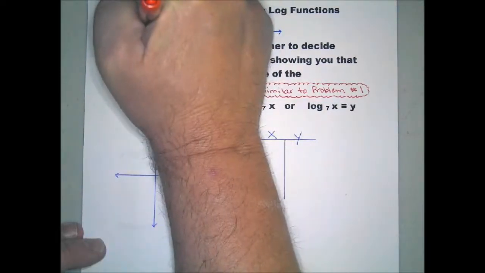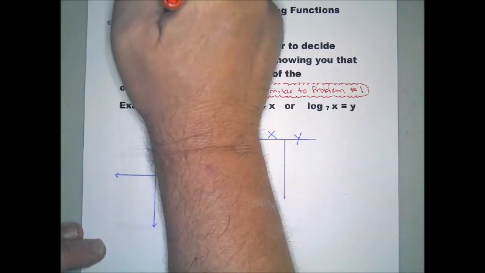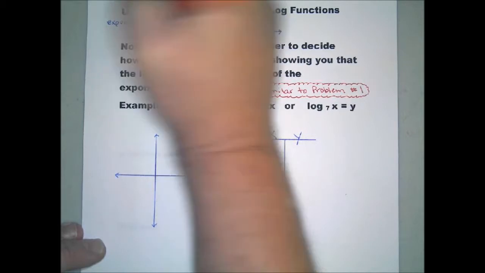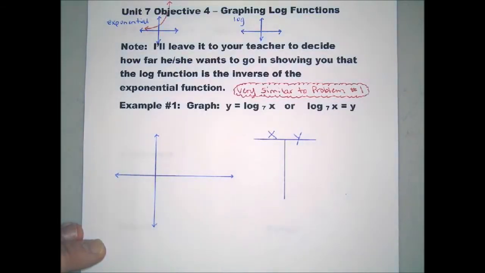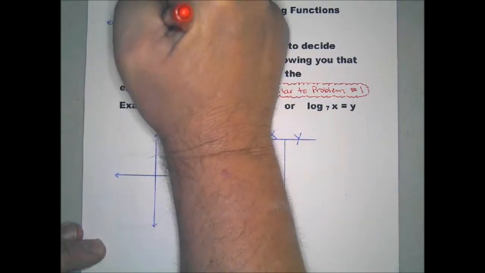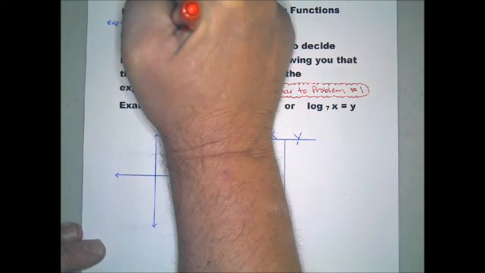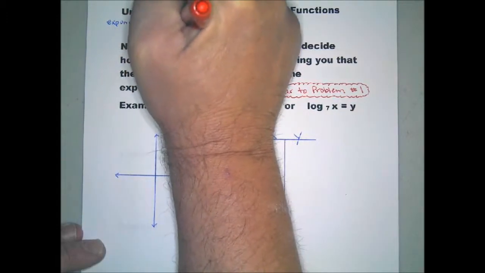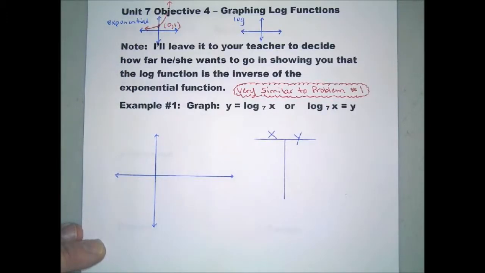Exponential growth looks like that. And that would be a parent function because it hasn't been shifted left or right or up or down. And if we remember, this point was always 0, 1, unless there was some type of a shift.